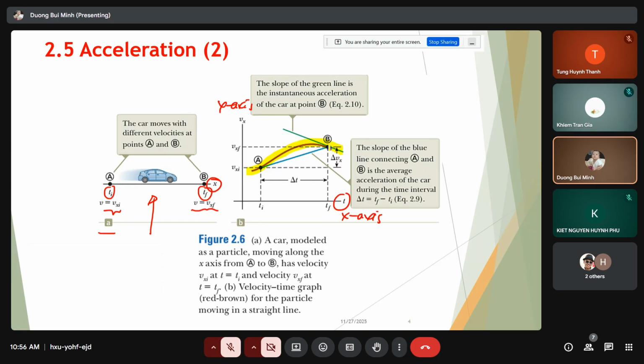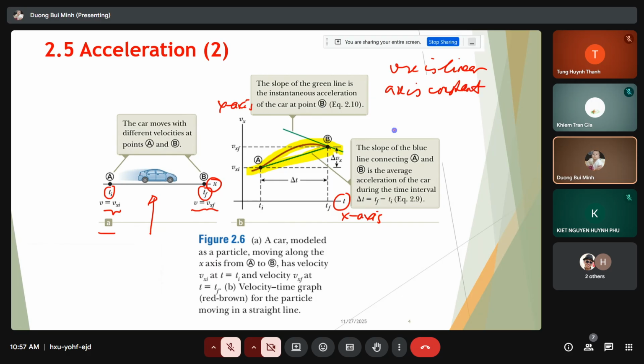Of course, if we consider the red curve, this is a non-linear curve, right? And we have the blue curve for a linear curve. If vx is linear, that means ax is a constant.